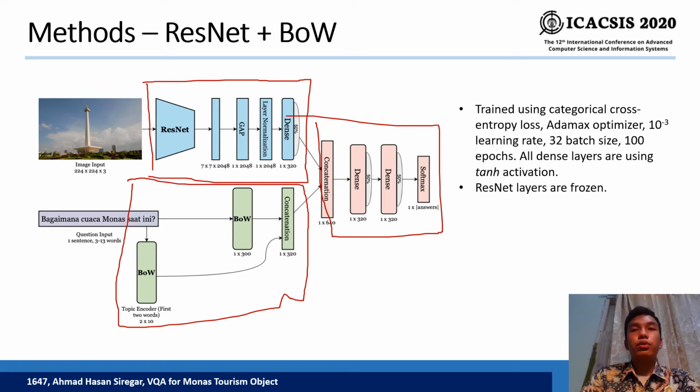And last, we have a softmax distribution to get the answers. This method is trained using categorical cross entropy loss, Adamax optimizer, 0.001 learning rate, 32 batch size, 100 epochs, and all dense layers are using tanh activation.